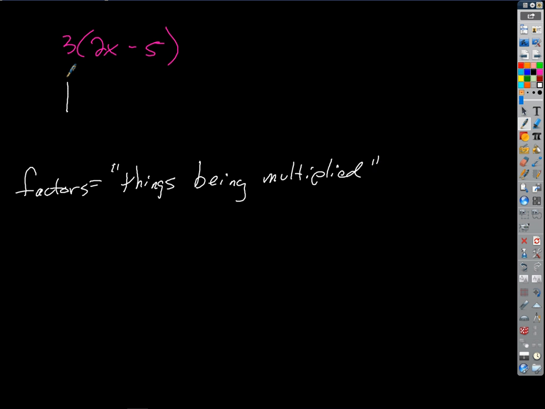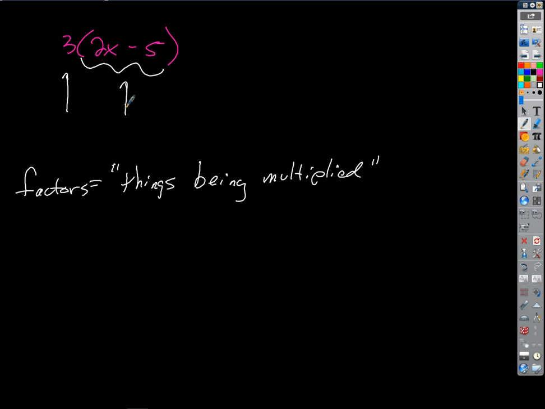There's one factor, and then this whole thing counts as another factor. It's in parentheses, right? In math, when something is in parentheses, we call it a quantity. And why do we put things in parentheses? We group them together so we can multiply them or take them to a power, right? So this is the first factor, that's the second factor, two things being multiplied together, right?